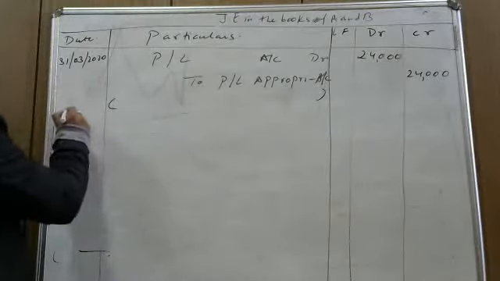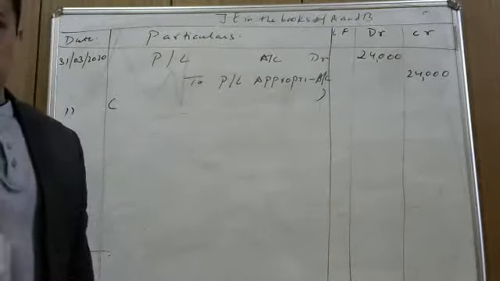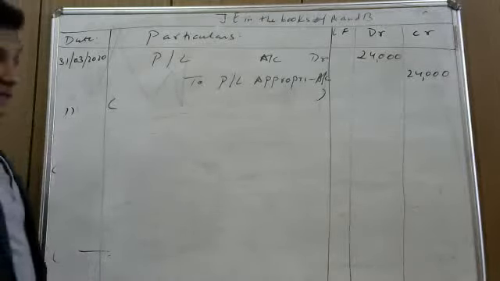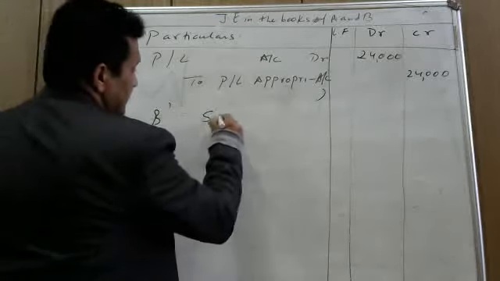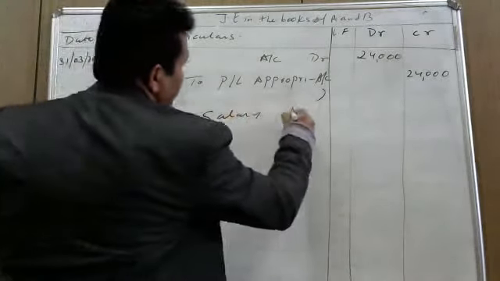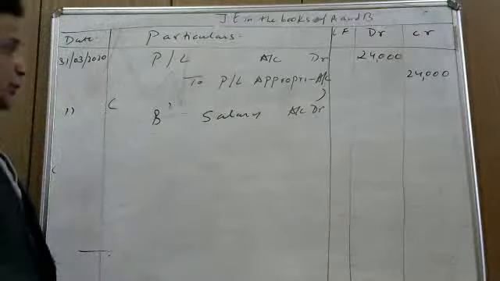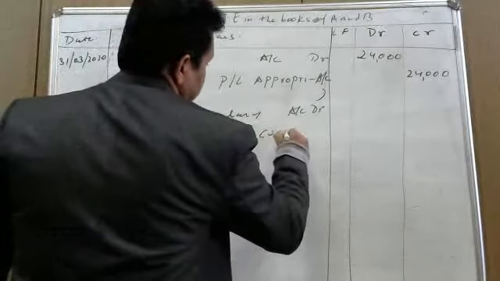The next entry, the date will be common. Who is getting salary? It is given in the question: B is entitled to a salary of rupees 6,000. The entry will be B's salary account debit to B's current account.